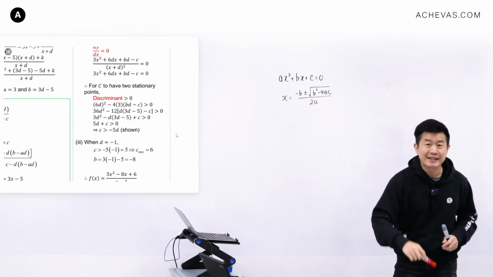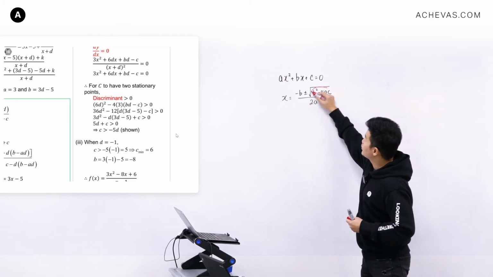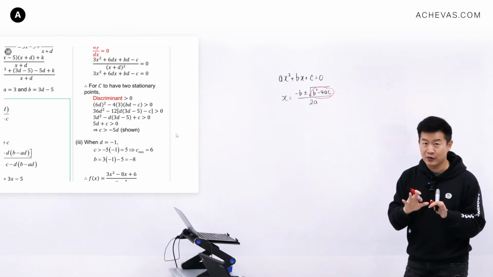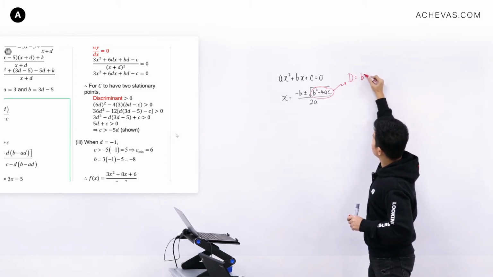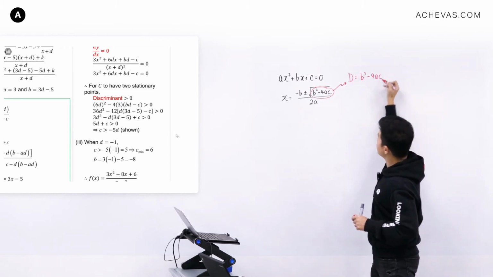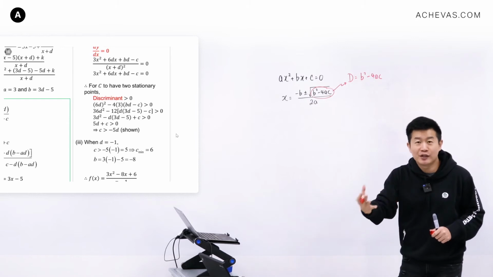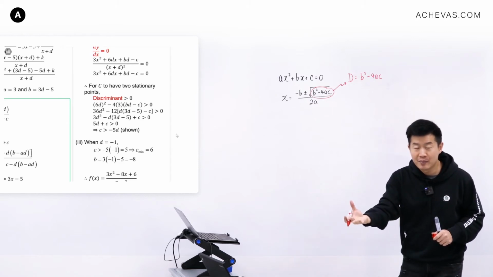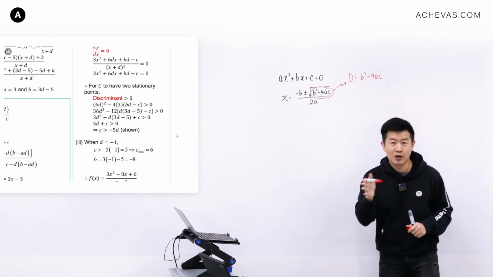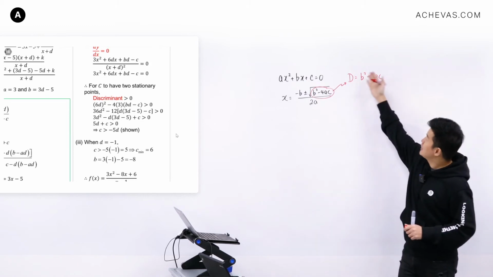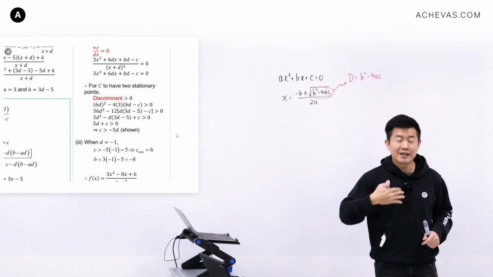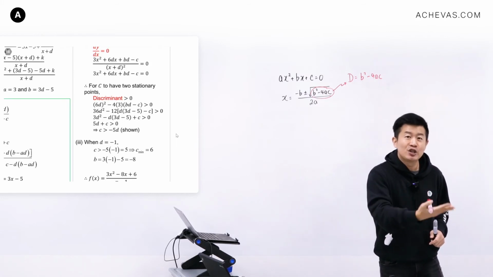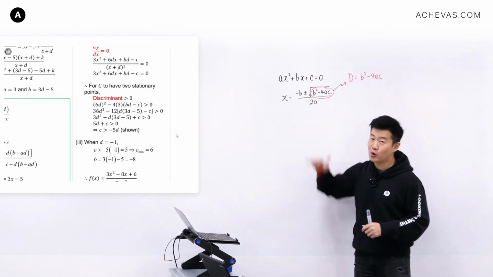And when we start discussing discriminant, we extract part of the roots of the equation and call this the discriminant, which is b squared minus 4ac, to discuss not the values of the roots, but the nature of the roots. Which means that just by analyzing the discriminant, we should be able to tell the nature of the roots of the particular quadratic equation.